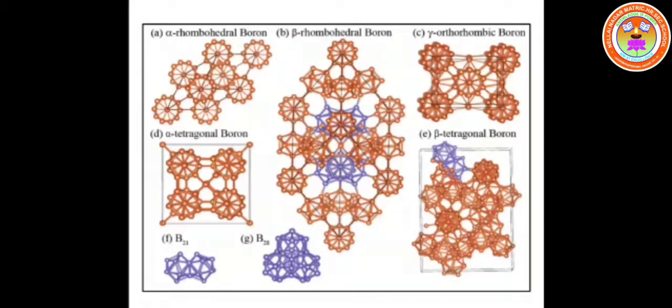So what are the allotropes of boron? Amorphous boron, alpha rhombohedral boron, beta rhombohedral boron, gamma orthorhombic boron, alpha tetragonal boron and beta tetragonal boron.